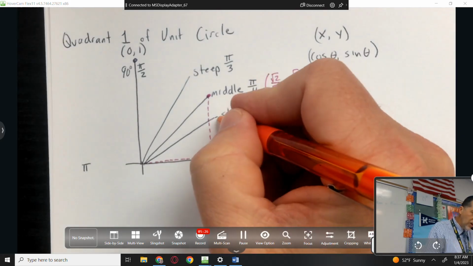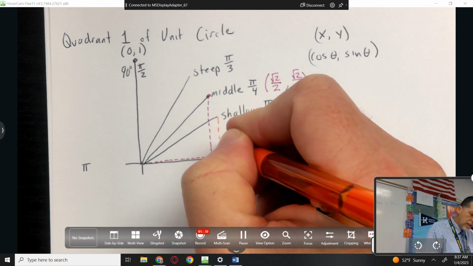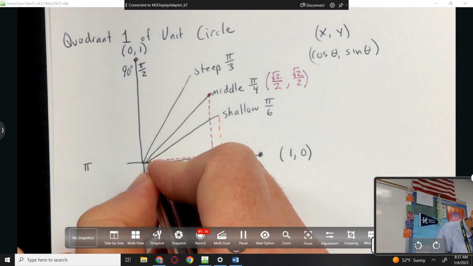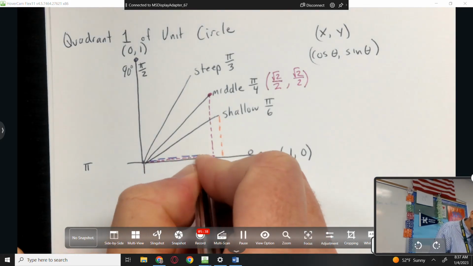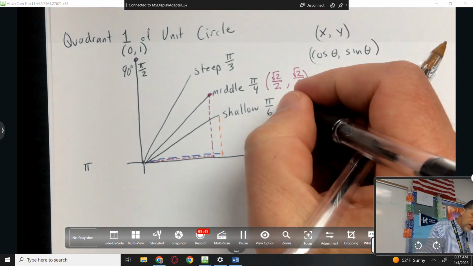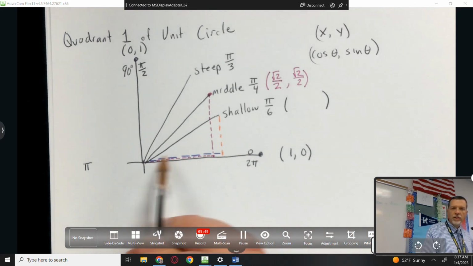All right, the shallow angle. This gets a little bit cluttered if we draw all the triangles, but I think we can draw one more. The pi over 6 angle. Let's see, this would be the x distance, is the one I drew in blue.